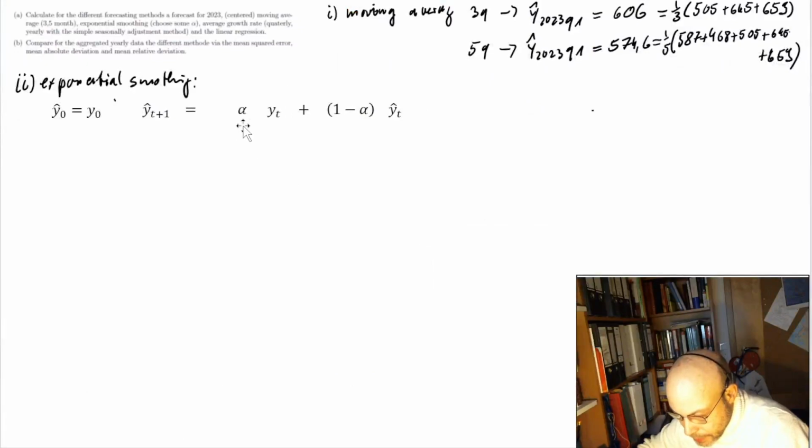And for the next value, we take the weight, alpha equals 0.2 in the first case, multiplying this with our true data point, and then with 1 minus alpha, the forecasted value.